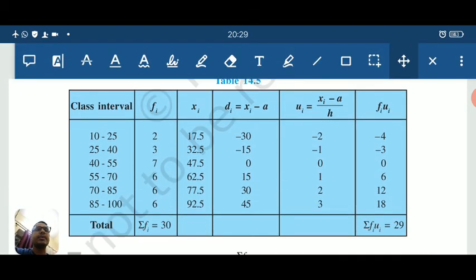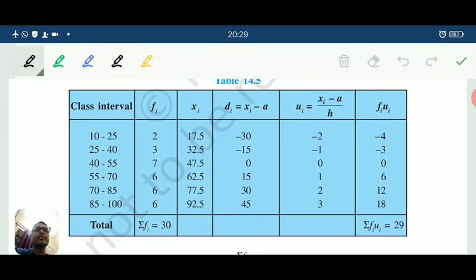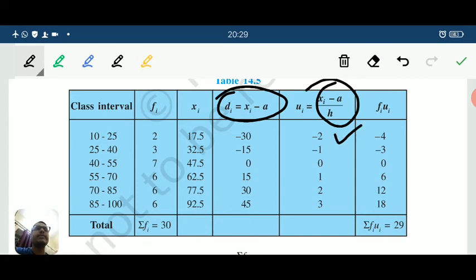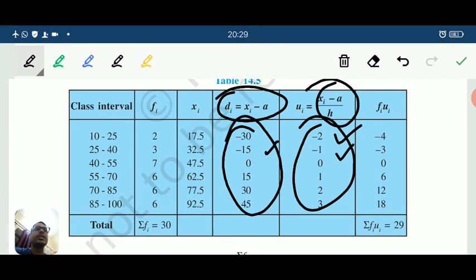So if you see this table here, so far till here, that is deviation, the observation minus the assumed mean, and then finding the ui. Ui means what? Deviation divided by the class size, that is minus 30 divided by 15 will give you minus 2, minus 15 by 15 will give you minus 1. So if you observe these two data, the data here is a little bigger than the data here, isn't it?